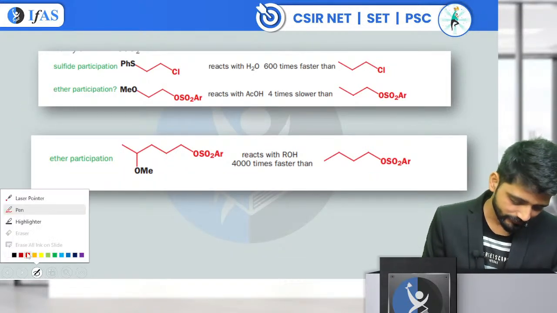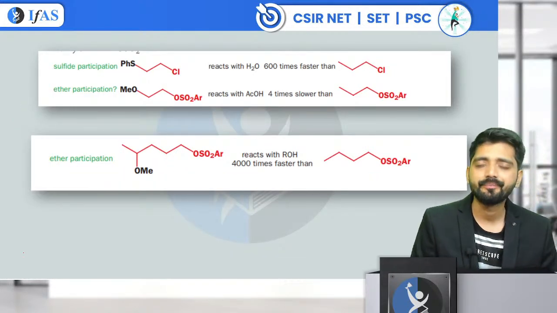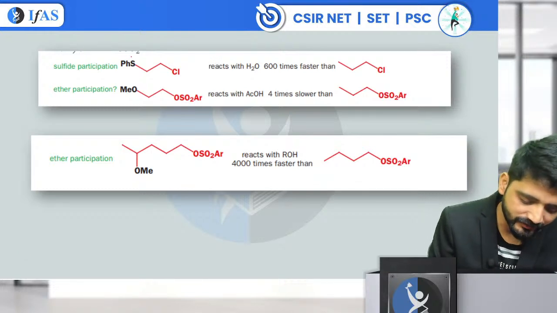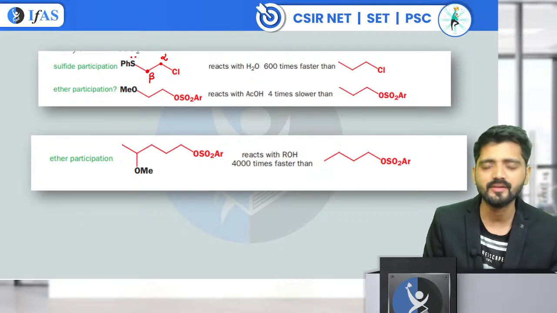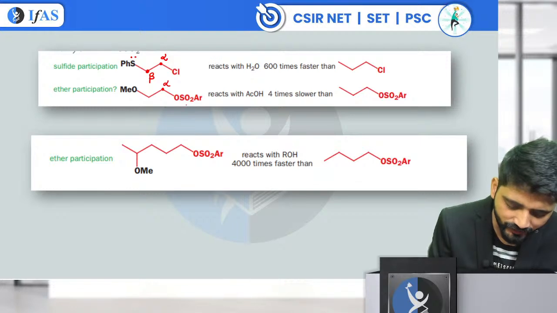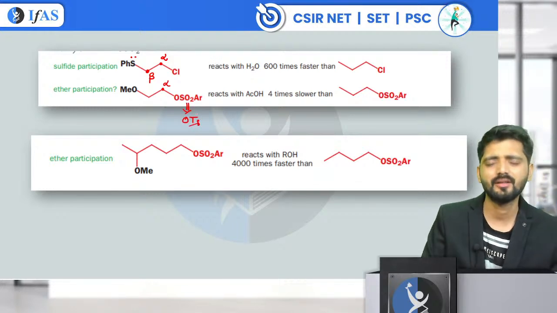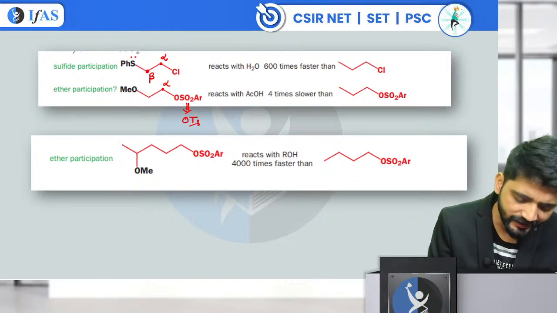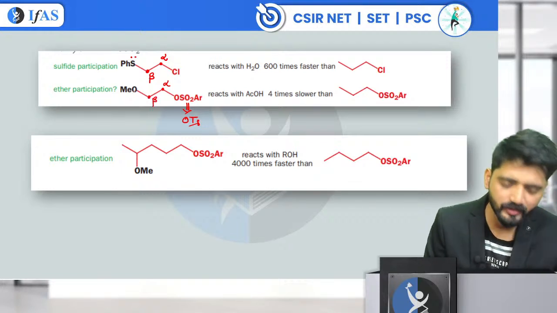If you compare these two rates, in the first we have a sulfur center at the beta. Let's suppose the leaving group is attached at the alpha center, and at the beta center we have a sulfur center. At the alpha center we have an OTs group, and at the beta center you have an OMe group.